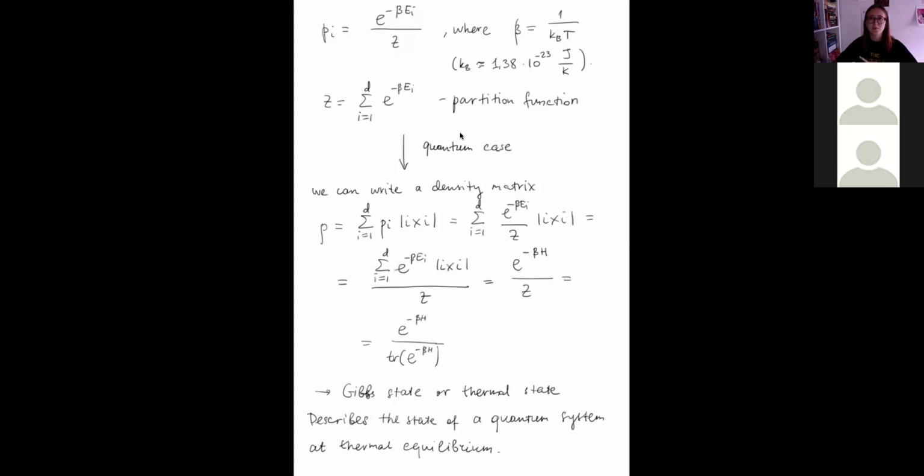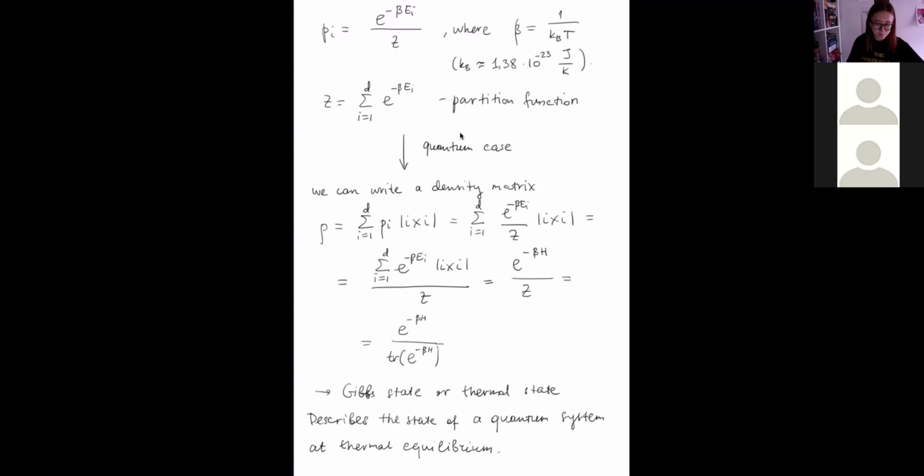The idea is that we put the system in some kind of reservoir at temperature T, and wait for some time until equilibrium is reached. After that, the state of the system is described by this density matrix, given that the system is described by the Hamiltonian that we've written earlier.